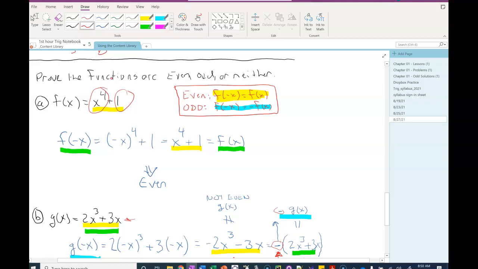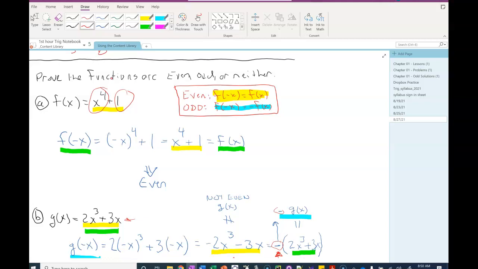Are there any variables? So what's the degree then? 0, right? There's no exponent or no variables. So it's like you have an x to the 0 there. Remember, anything to the 0 power is 1. So degree 4, degree 0, both of those are even, so I know this will be even without having to graph it.